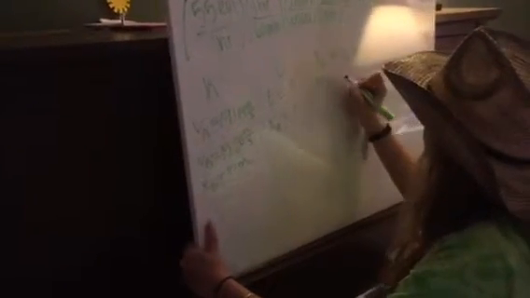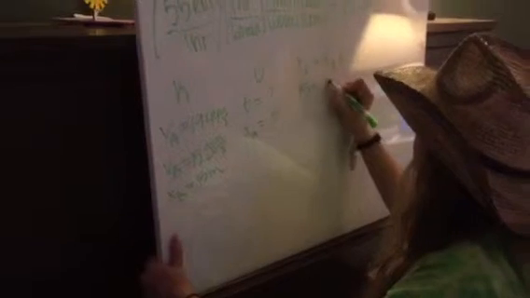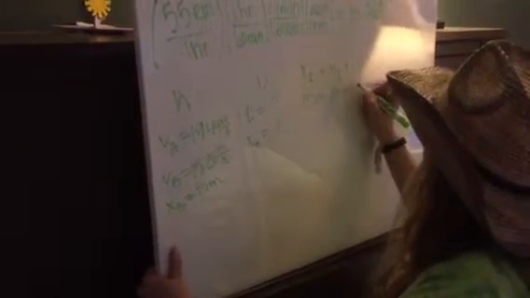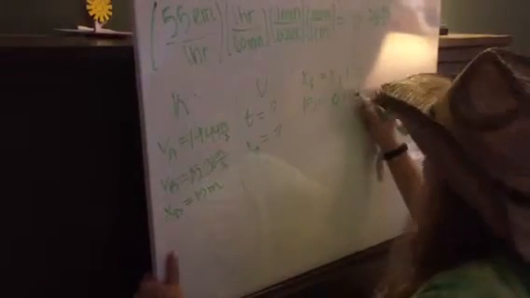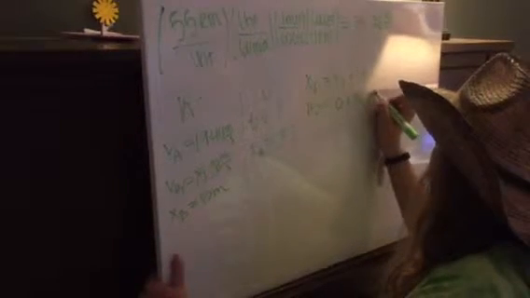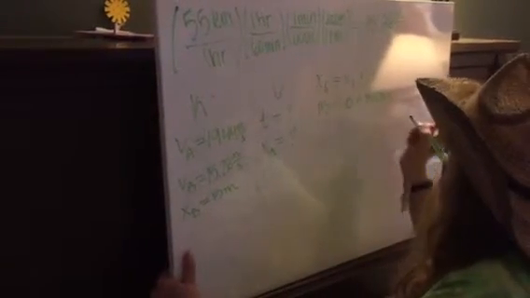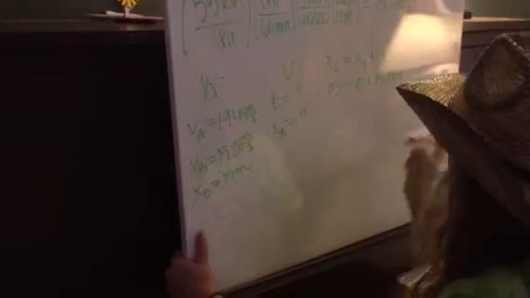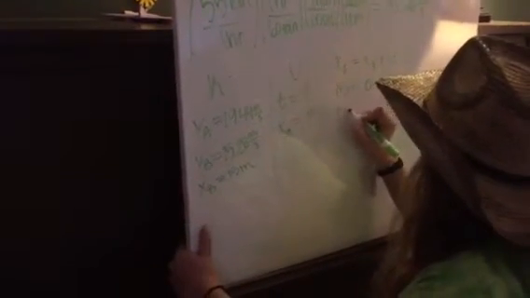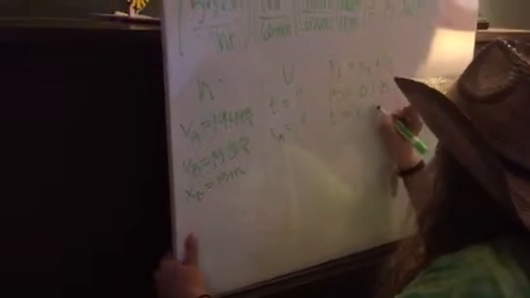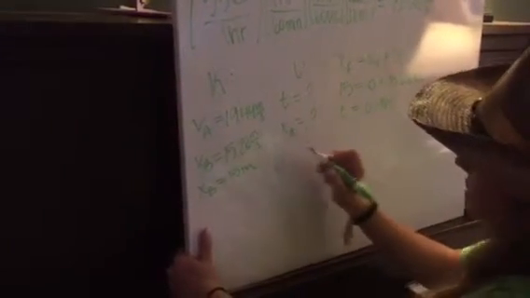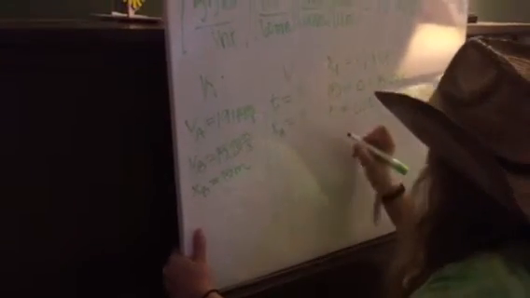So 15 equals 0 because it starts at 0, plus our velocity, which we found was 15.28 times time. So we're going to divide by 15.28 to find the time. So the time equals 0.98 seconds.